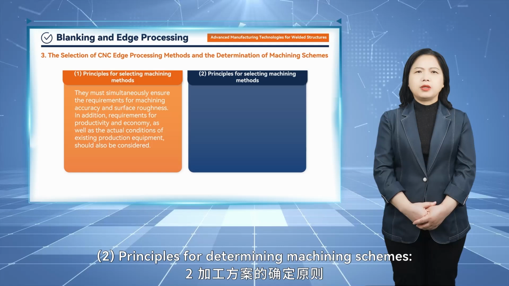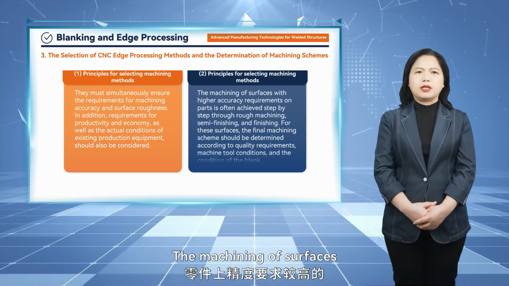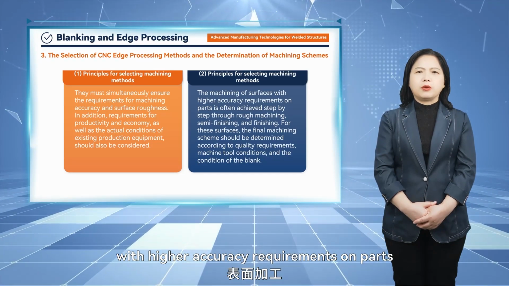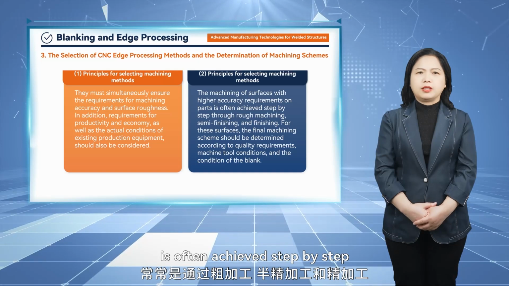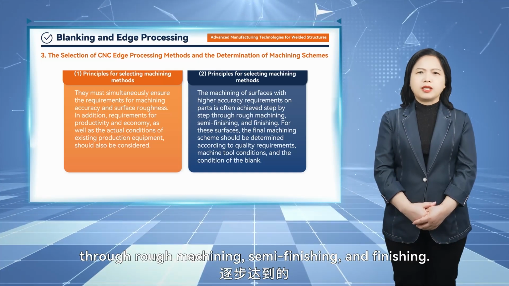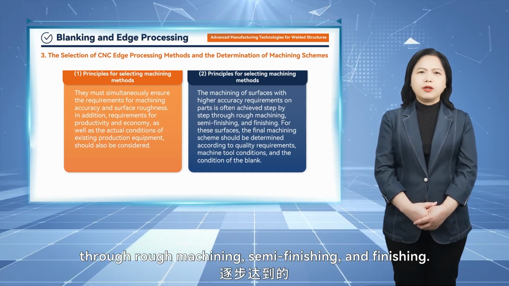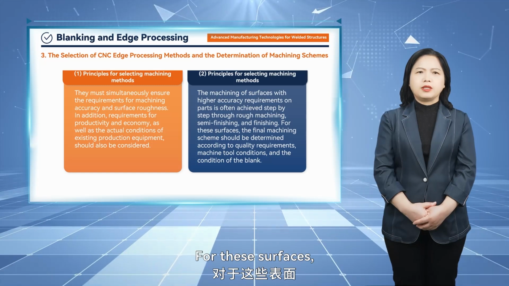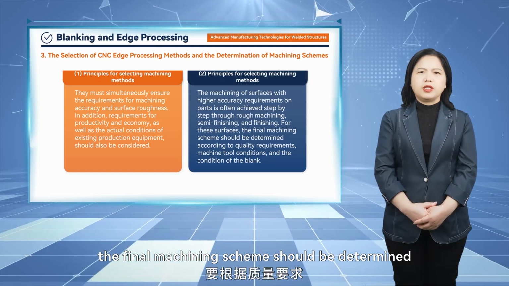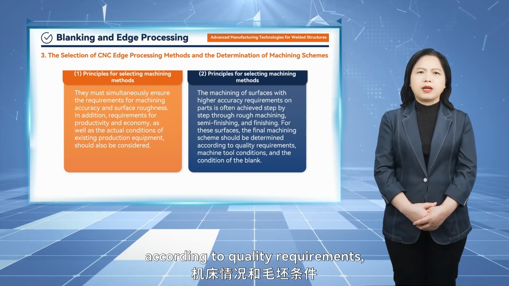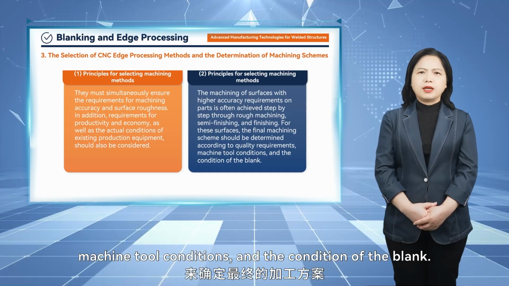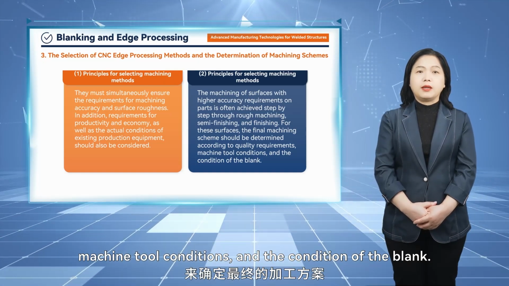Principles for determining machining schemes. The machining of surfaces with higher accuracy requirements on parts is often achieved step by step through rough machining, semi-finishing, and finishing. For these surfaces, the final machining scheme should be determined according to quality requirements, machine tool conditions, and the condition of the blank.